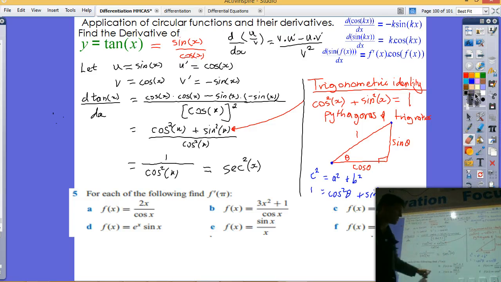So I'd like you to think about this set of questions here. Alright, for each of the following, find f dash at pi. So f dash is your derivative, and we have to evaluate the derivative at x equals pi. Okay? Start with something like the first one.